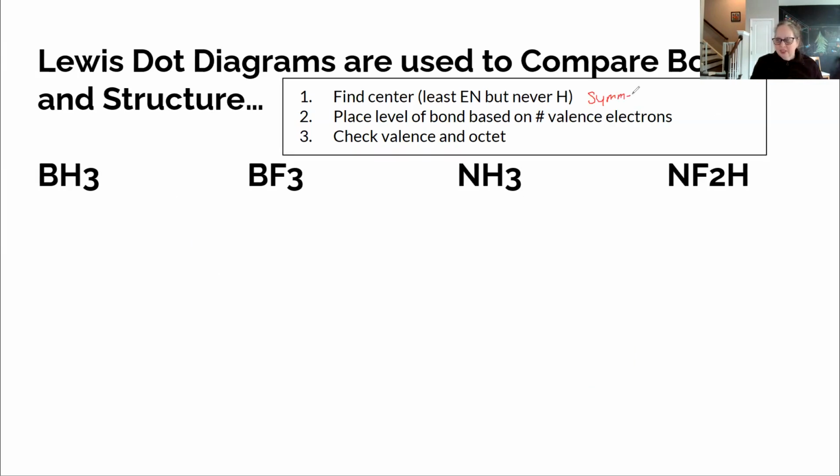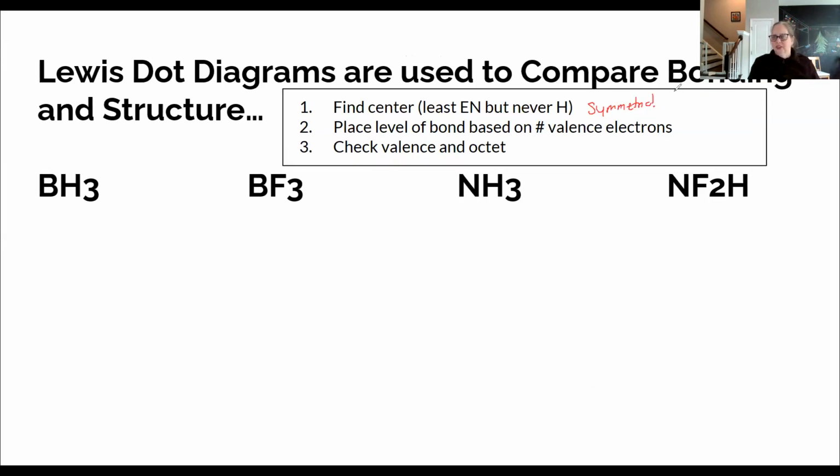So if you don't have an electronegativity list, or you don't remember the trends where the electronegativity goes up and to the right, you want the least electronegativity, so you want the one that's lowest and the most left. If you don't have that, just remember it's symmetric. So boron's going to go in the center. Hydrogens are going to go around the outside.